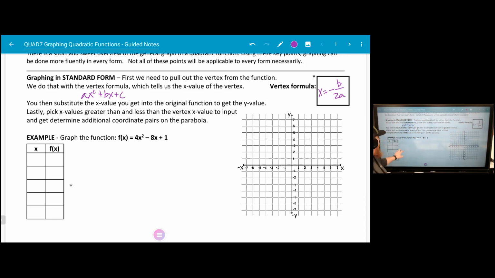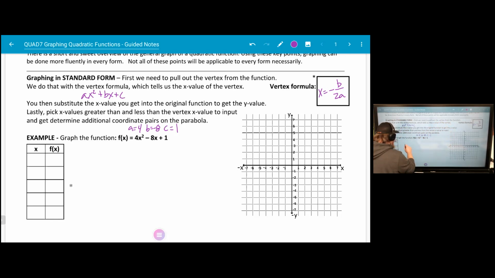So let's say it says graph the function f of x equals 4x squared minus 8x plus 1. This is in standard form. We need to use the vertex formula first to find the x coordinate of the vertex. In this case, a is 4, b is -8, and c is 1. C is not necessarily needed, but it's going to be interesting here shortly in this form.